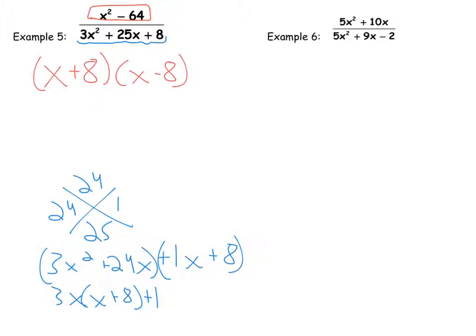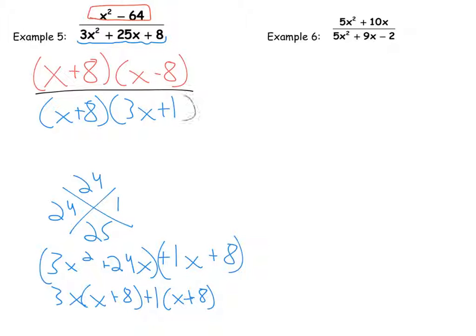And if I divide each of these terms by just a 1, we're going to be left with x plus 8. Right? Dividing by 1 doesn't do anything. Okay? And so what can I do next? X plus 8, x plus 8, I can go ahead and factor those out. And so we get x plus 8 times, and now what is left over? 3x plus 1. Okay?